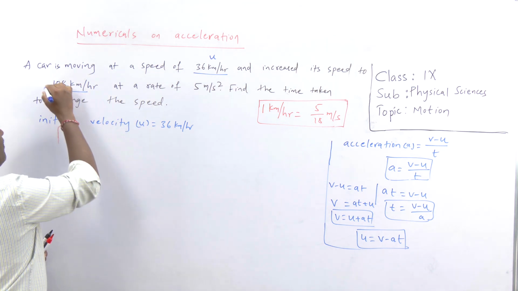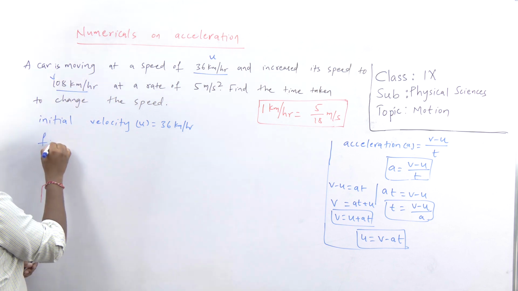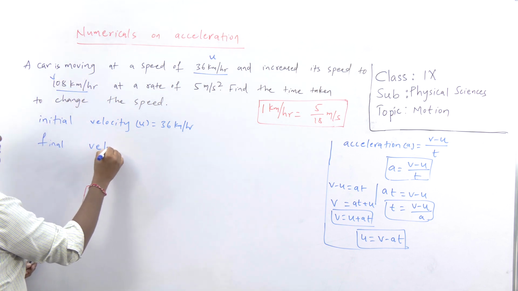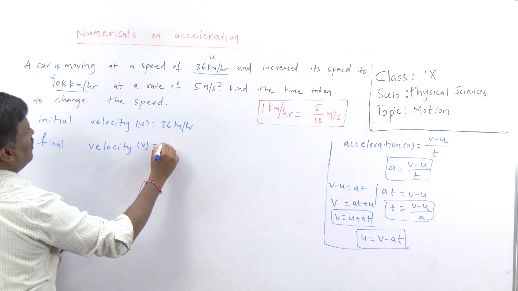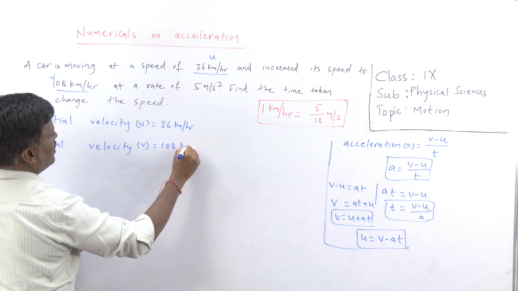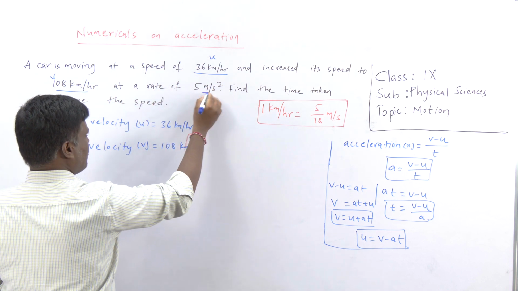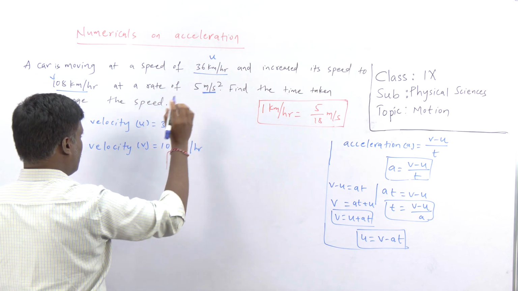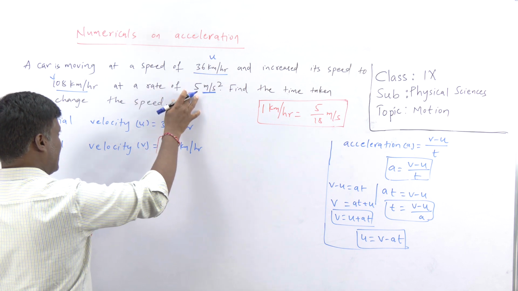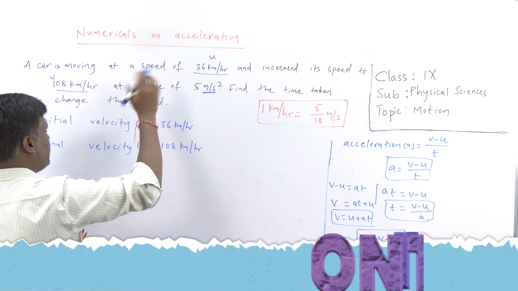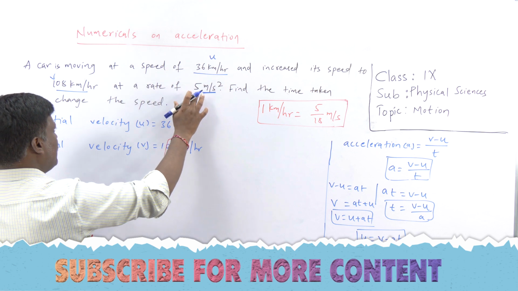So this is final velocity v. At a rate of 5 meter per second square. Meter per second square is the unit of acceleration. So the acceleration of the car during this change of speed is 5.